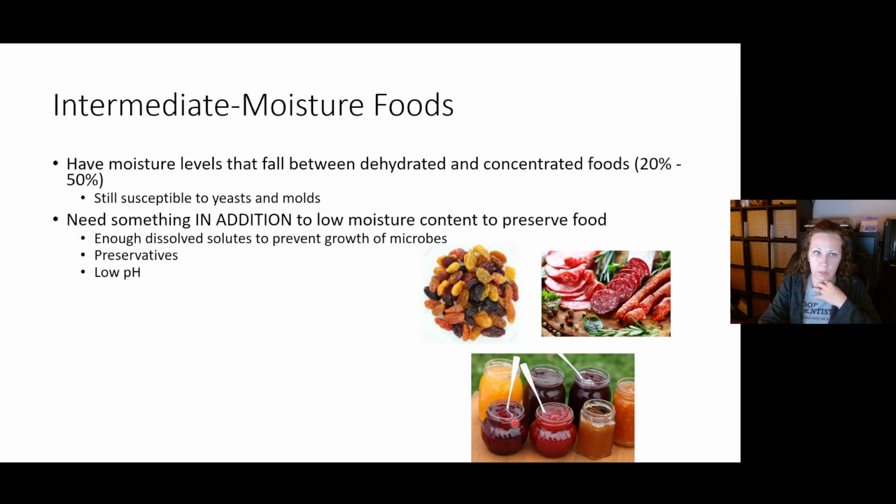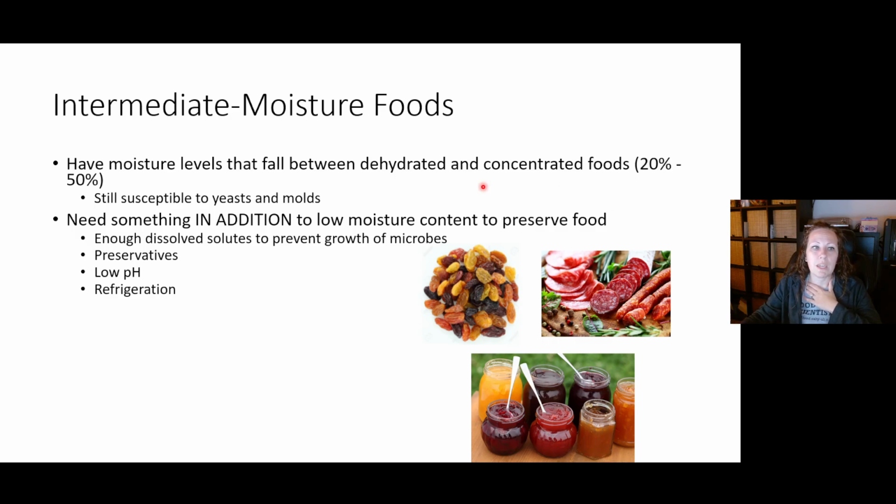Or they could have a low pH that is working in their favor. Some of these sausages have a pH low enough to help them be shelf stable also. Or you might just have to require that they be refrigerated. They are lower moisture, so they're going to last longer, but they still need to be refrigerated.